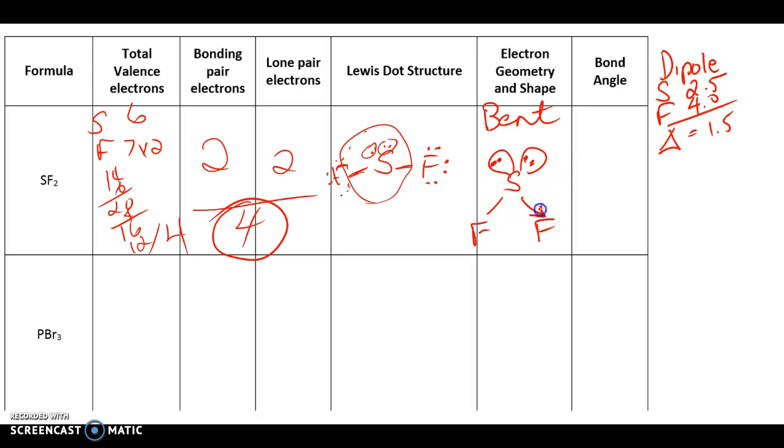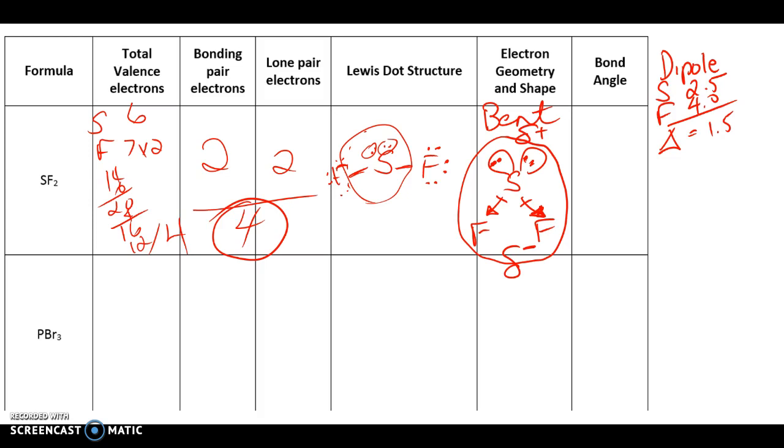So what we'll see is fluorine's more electronegative, right? These electrons are being pulled toward the fluorine, away from the sulfur. The way this is drawn, you see the fluorines are toward one side of this molecule, the sulfur's toward the other side. Because the electrons are being pulled toward the fluorine, this is our partial negative side, and this is our partial positive side. So this does have a dipole.